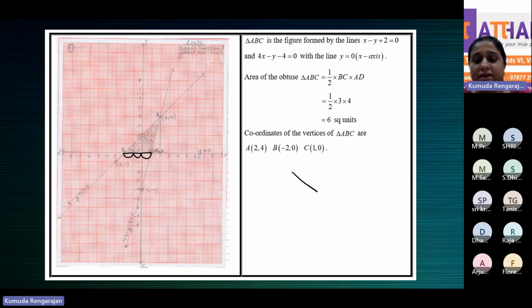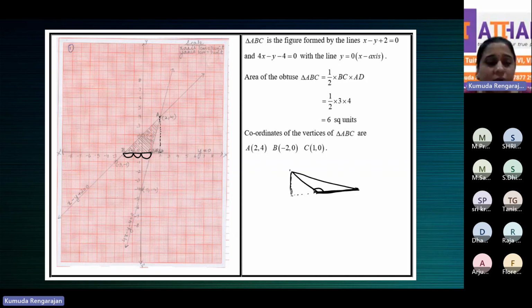If you draw an obtuse triangle, the altitude for this side will lie outside the triangle. This is the altitude for this side. See, it lies outside the triangle. This one is the altitude.